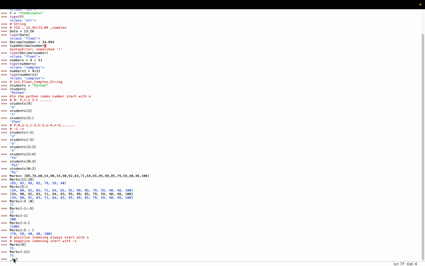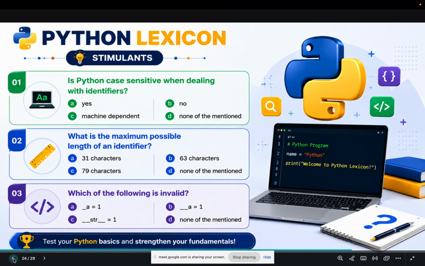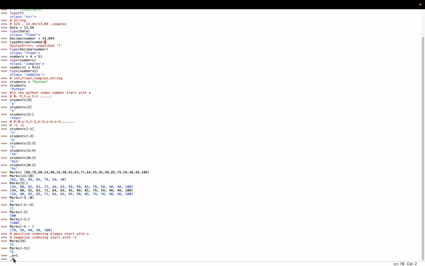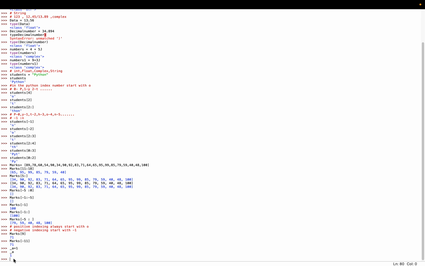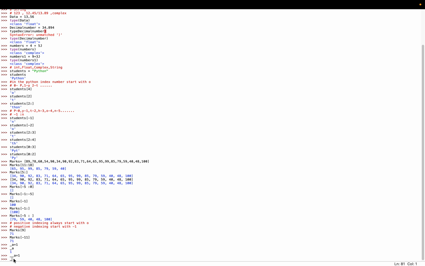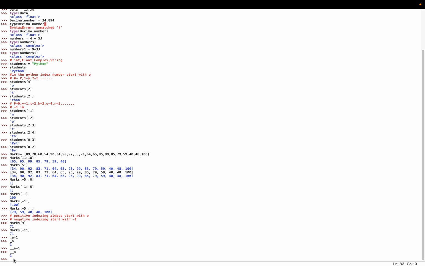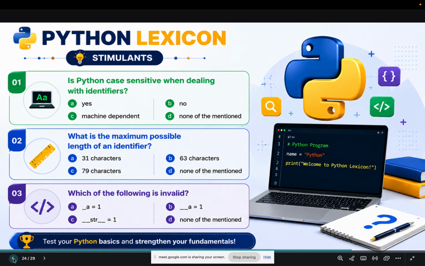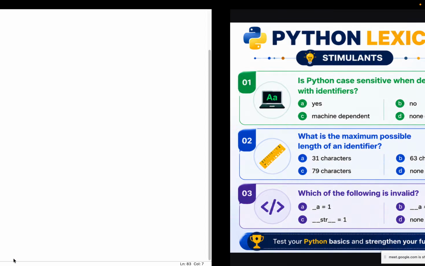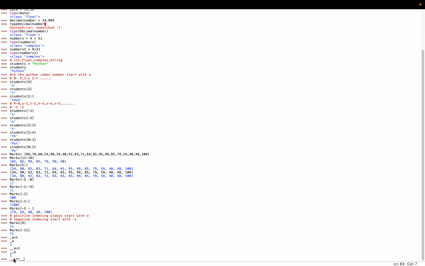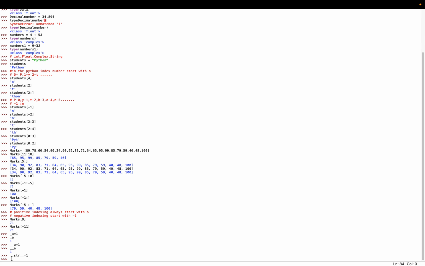Suppose underscore a is equal to 1, that is considered valid. You can see it is working. In the same way, underscore string, underscore str, underscore is equal to 1. This is also considered valid, because none of this is wrong.